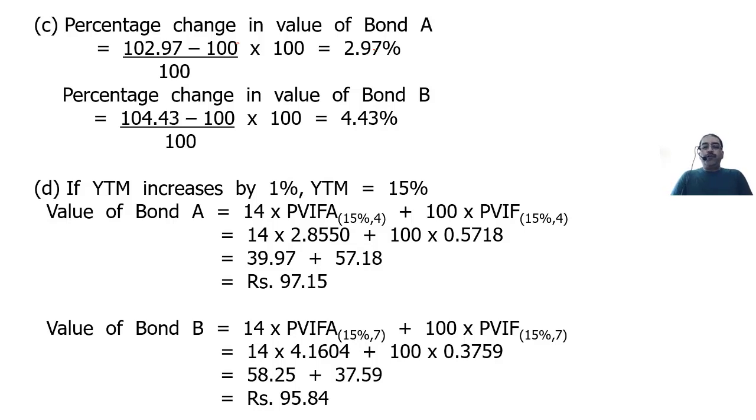Factor values to be rounded up to 4 decimals. Amount to be rounded up to 2 decimals. Now calculate the percentage change. Originally it was 100, now it is 97.15. So decrease by 2.85%. Originally it was 100, now it is 95.84. So decrease by 4.16.